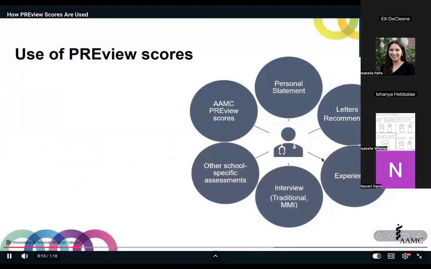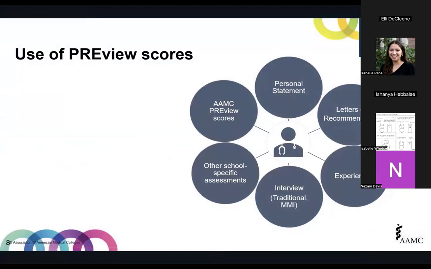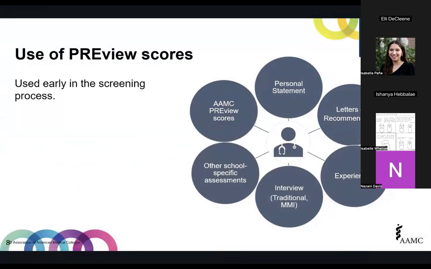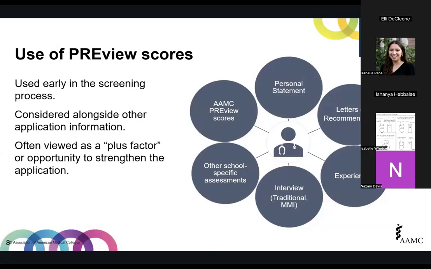Schools review applicants holistically, considering all the information in an application to help them understand an applicant's readiness both academically and professionally. Preview scores are among the pieces of information they use to understand an applicant's understanding of the professional competencies. Many schools view preview scores as a plus factor, meaning applicants have been able to use their scores to strengthen their application. Some schools have also used scores early in the screening process to determine who they will invite for interviews.